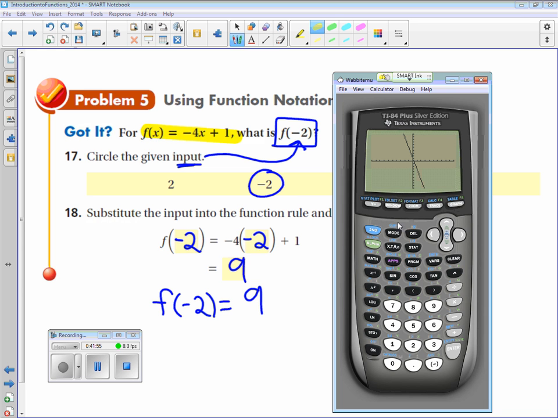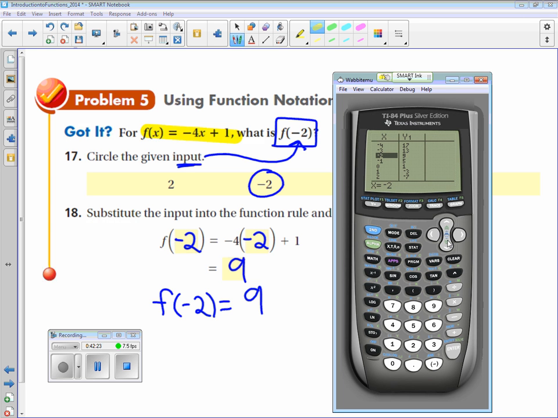The table is second graph. That's because you're just tracing it rather than actually finding a value. Go to your table. -2, 9, is it on there? So f of -2 is 9.